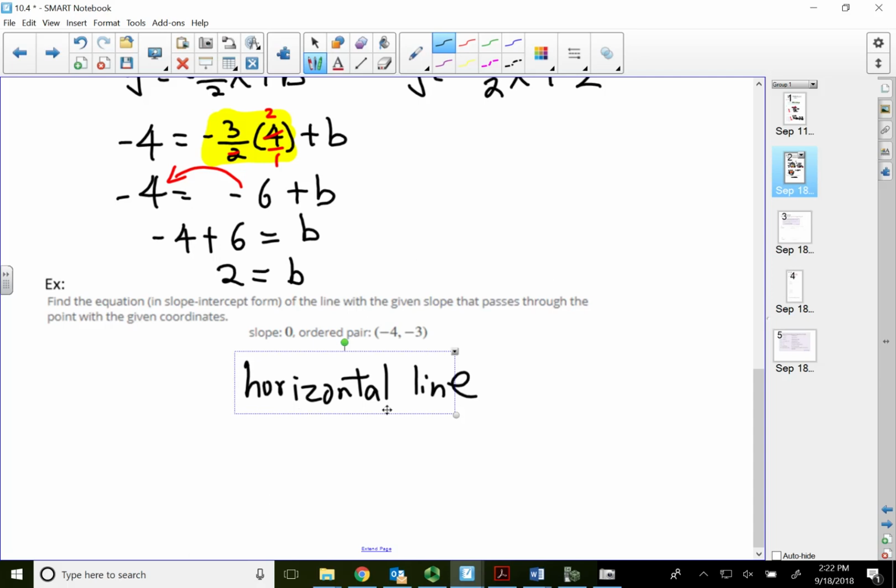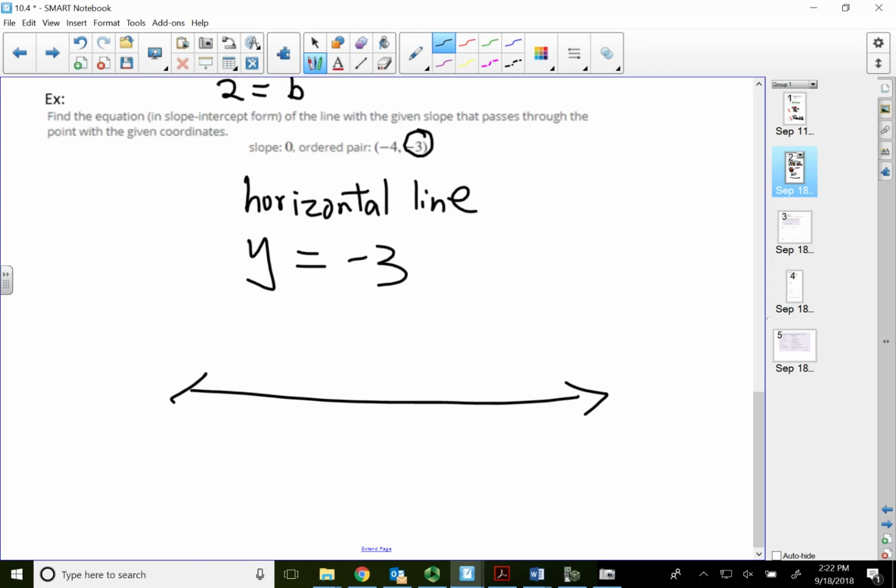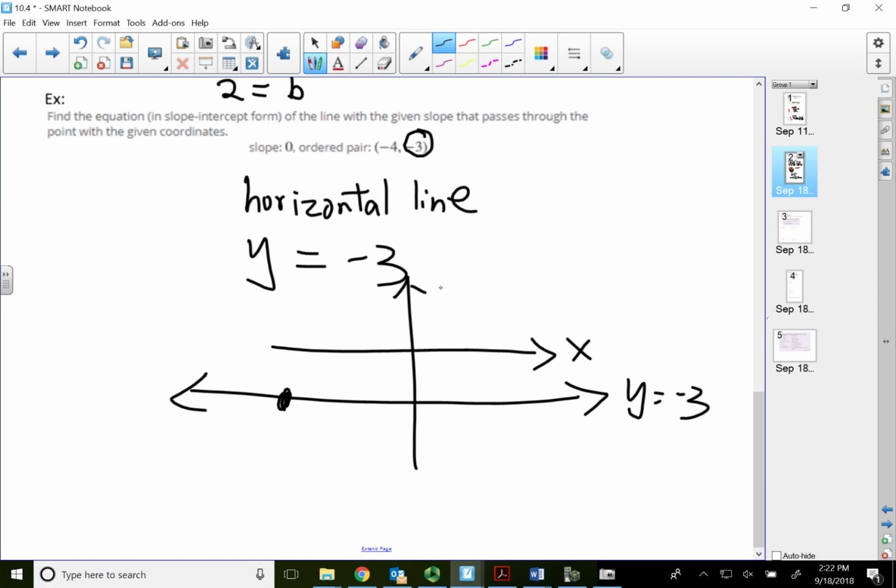A horizontal line, as you can recall, always has an equation that says y equals a number. That number has to be the y value of the given point, because on a horizontal line, all the y values are the same. Maybe there's one point on this horizontal line, (-4, -3).